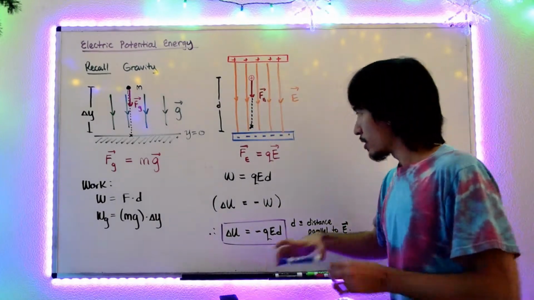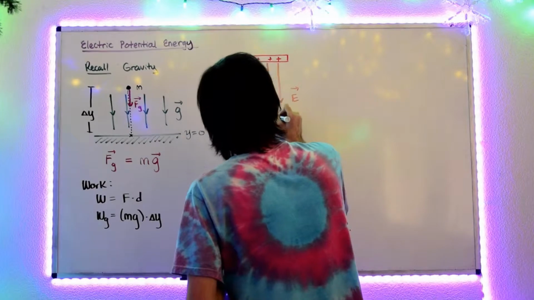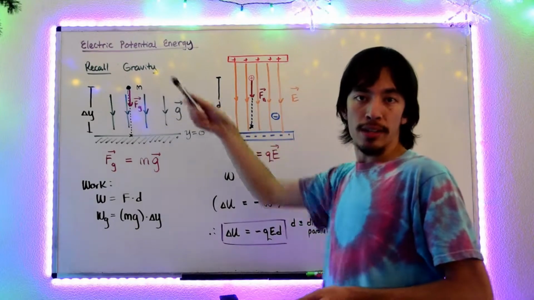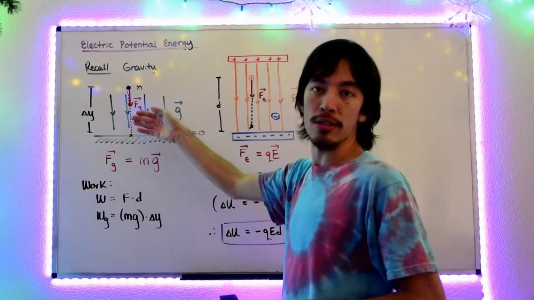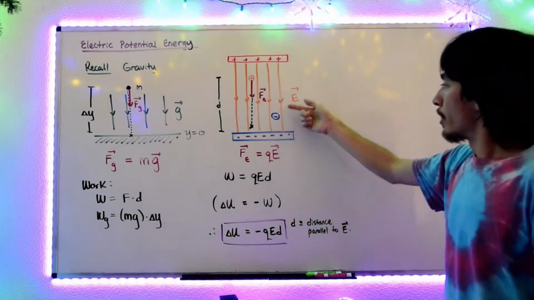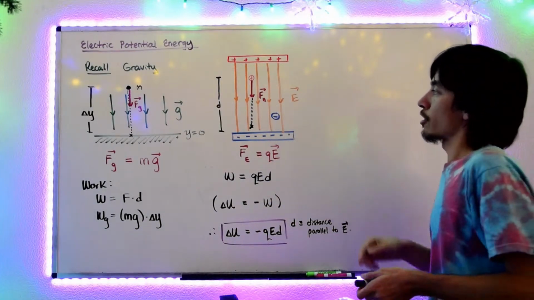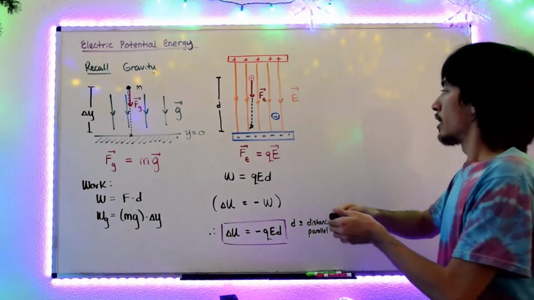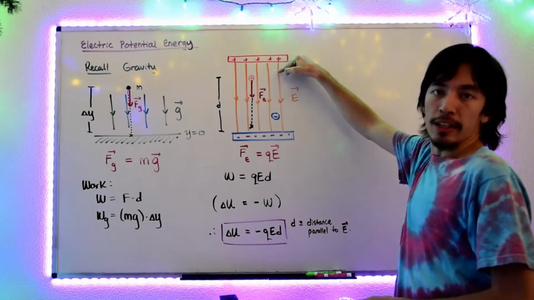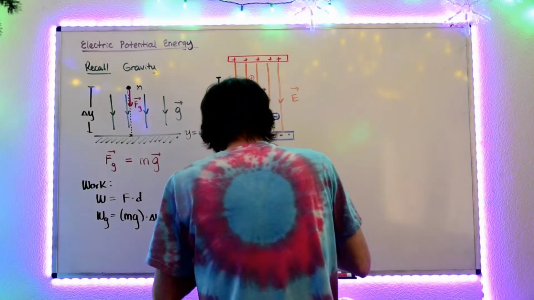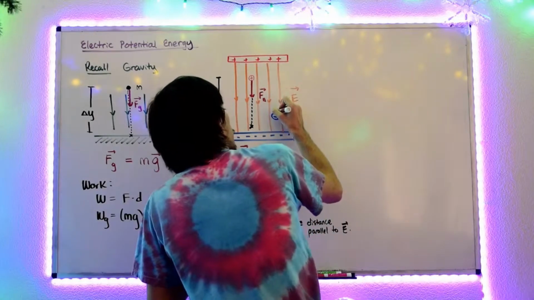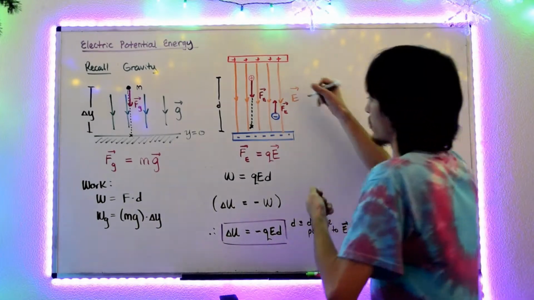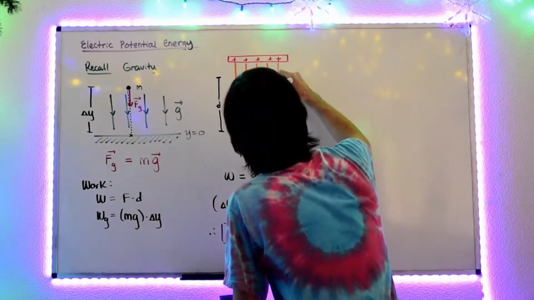Now, if you were to do this with a negative charge, the opposite would be true. Unlike gravity and masses, where masses attract other masses and it goes one way, if you take this negative charge and release it from some point, it's not going to go down with the electric field. It's going to go naturally against the electric field. So this charge would feel some electric force upwards in this diagram, and it would cause it to move along a path for some distance that goes up.